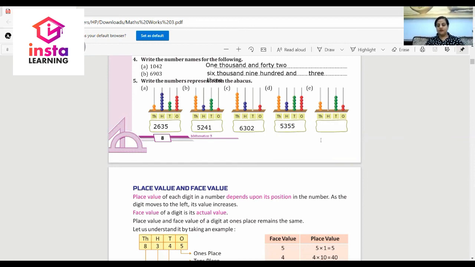So what we are going to say here, 5355 on the abacus. Now 3 balls, it means 3 at the thousand place, 0 at 100 place, and 5 at tens place, and 2 at ones place. So answer is 3052. There is no number at 100 place.